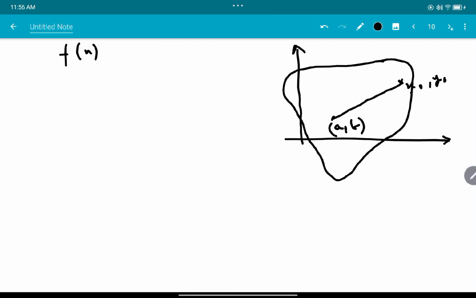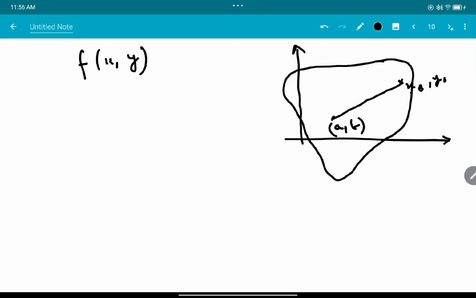Since we don't have f(x), we have f(x, y), a function of two coordinates.